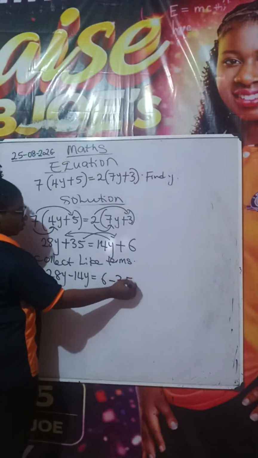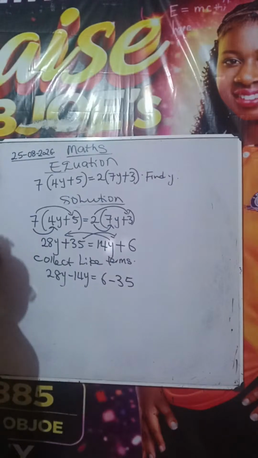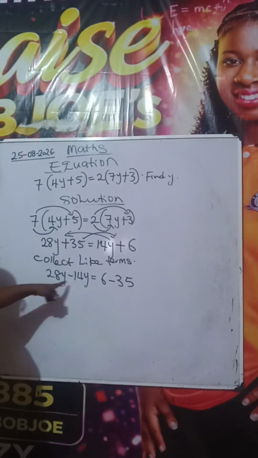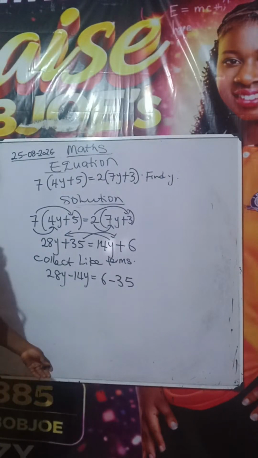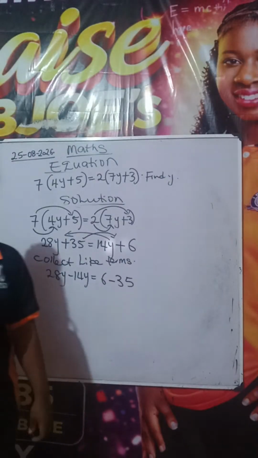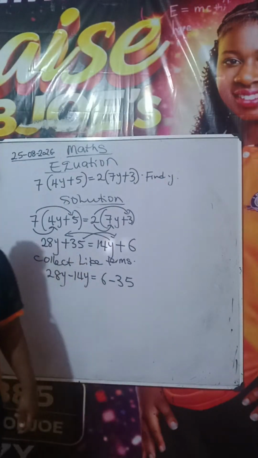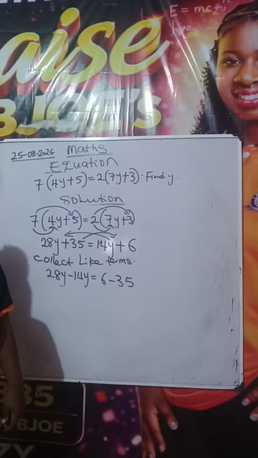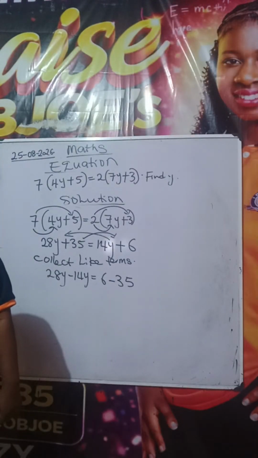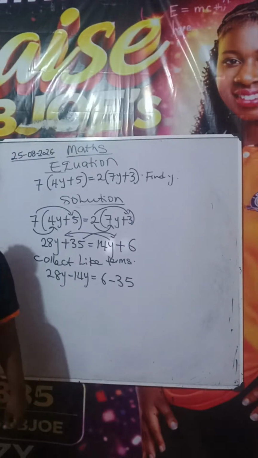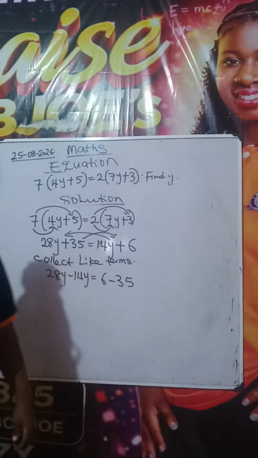minus 35. Okay. Now 28y minus 14y. How many is going to remain? So we are getting 14.